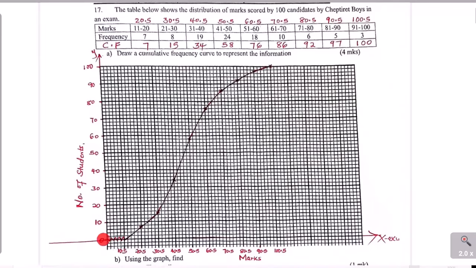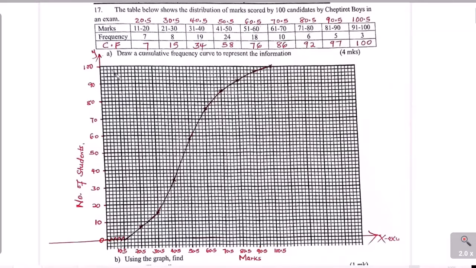Only that from 0 to 10.5 for this particular square here, the scale is not uniform. Otherwise, from 10.5 going all the way to 100.5, the scale is uniform: 1 centimeter represents 10. That is why I've broken this part, to show that the scale at this square is not uniform with the others. That is what you're supposed to do, the first thing.